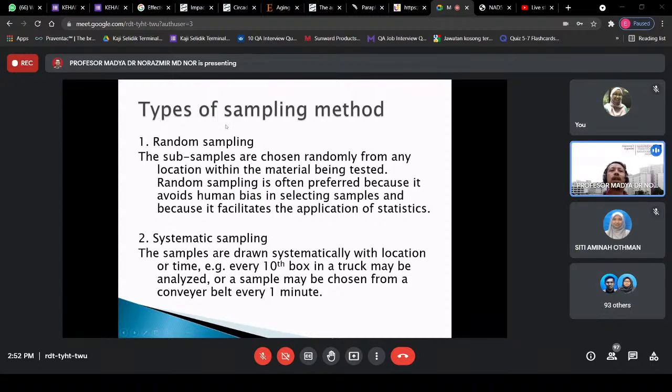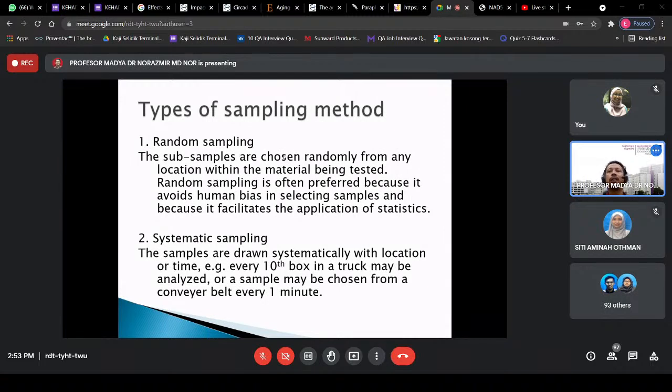So we go to types of sampling methods. This is important because at the end of the day, the outcome of the analysis will be influenced by the analysis procedure. So for type of sampling, we have first random sampling.